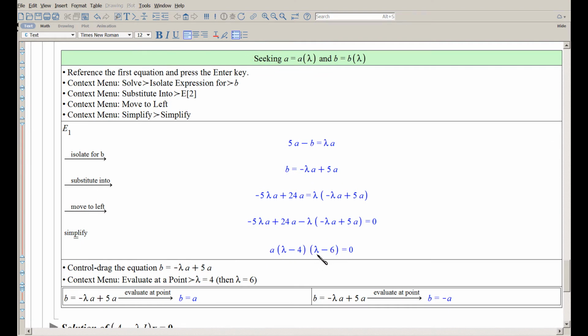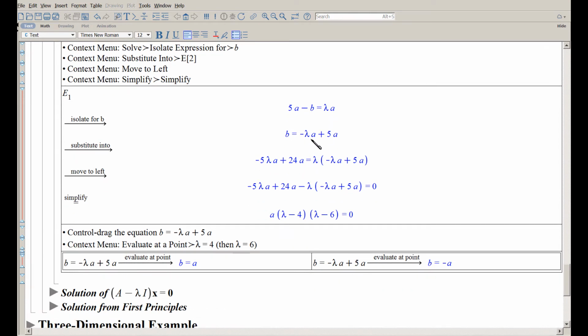Now, from this equation, you can see you're not going to solve for A. If lambda is 4 or lambda is 6, this equation does not determine A. For any other values of lambda, A is 0.